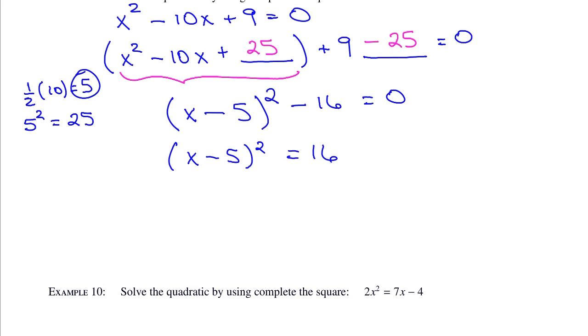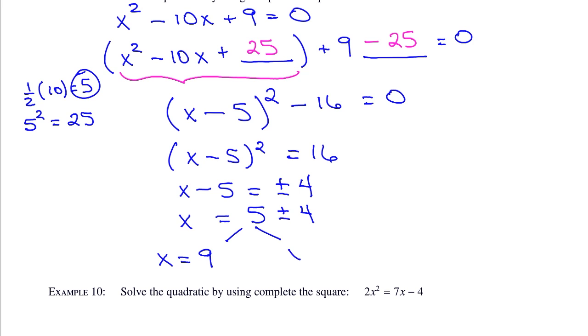Take the square root of both sides, we get x minus 5 is equal to plus or minus the square root of 16, which is 4. Move the 5 over, so x is equal to 5 plus or minus 4, and then split it up with plus and minus. 5 plus 4 is 9, and 5 minus 4 is 1. So the solution set is 9 and 1.